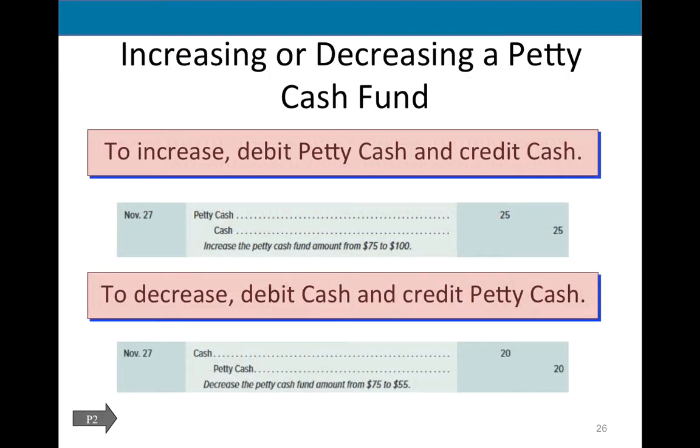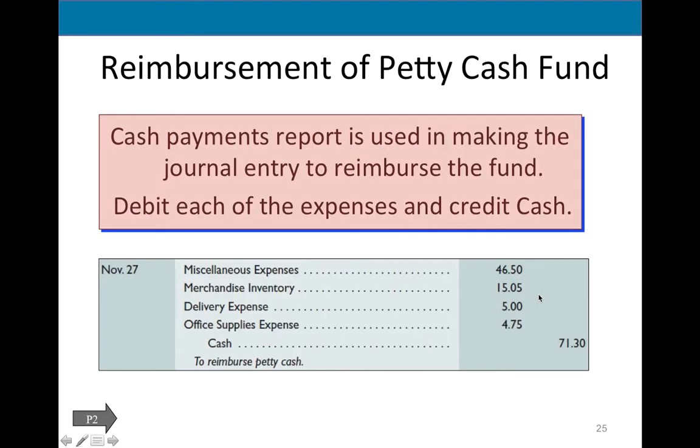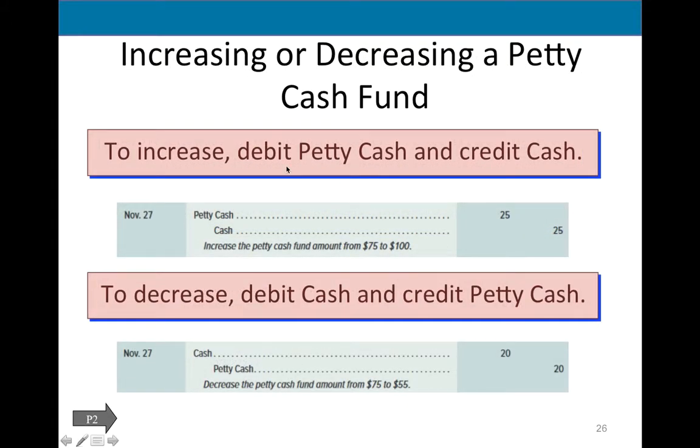Now, sometimes we might decide that my initial $75 was not enough. I want to increase the maximum to $100. So only if you change the maximum, to increase the maximum of the petty cash fund, we would add an additional $25 to petty cash, and we would write a check for $25 from our checking account. Or we might decide to decrease our petty cash fund from 75 to 55.